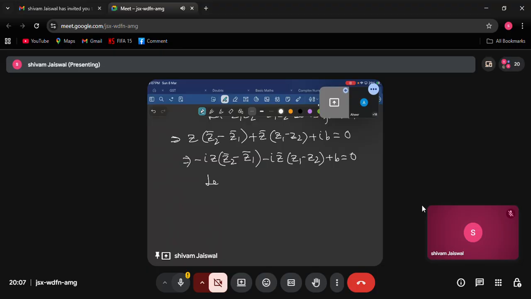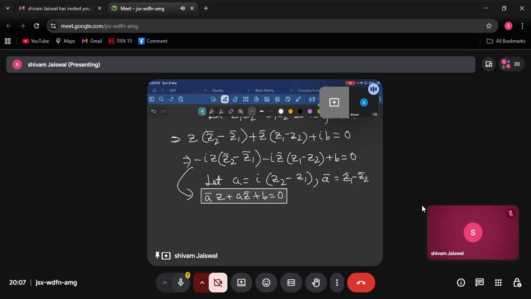So let a is equal to iota into (z2 - z1), then a bar will be equal to z1 bar minus z2 bar. Okay, so this equation is transformed into a bar z plus a z bar plus b is equal to 0. Okay, this is the general equation of the straight line: a bar z plus a z bar plus b equal to 0.